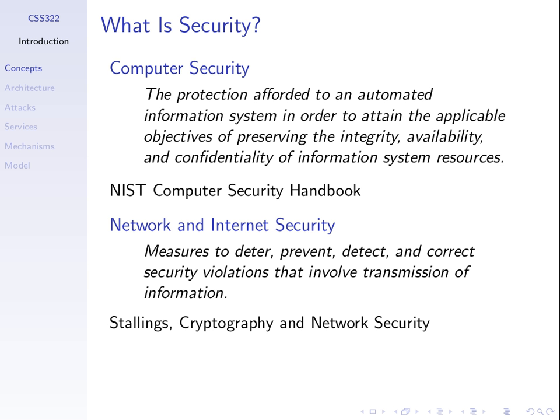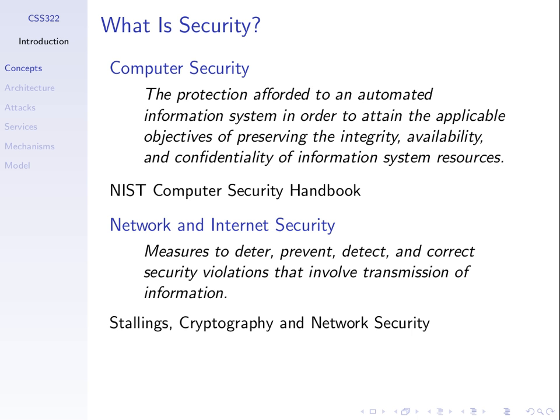Network and internet security. So this is more general about any computer system, but if we focus on securing information across a network, measures to deter, prevent, detect and correct security violations that involve the transmission of information. So now we're talking about sending information across some network.